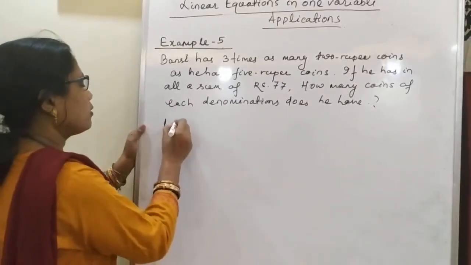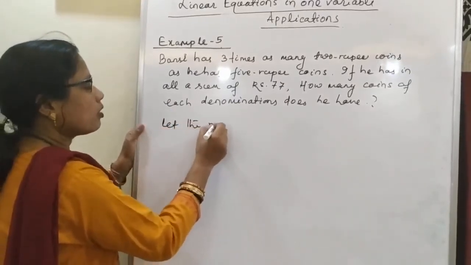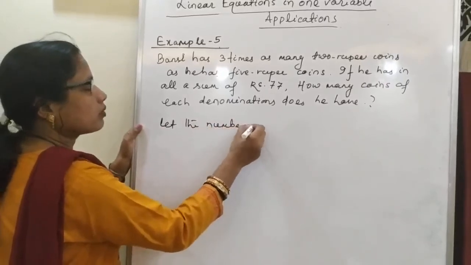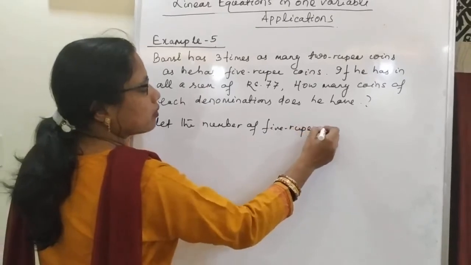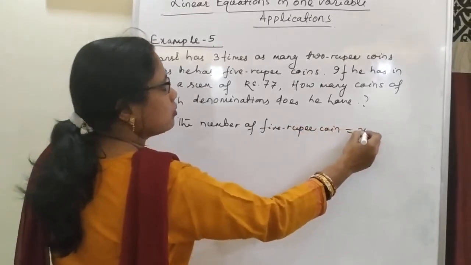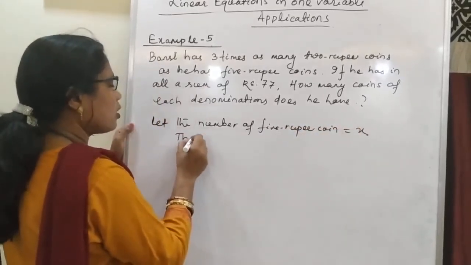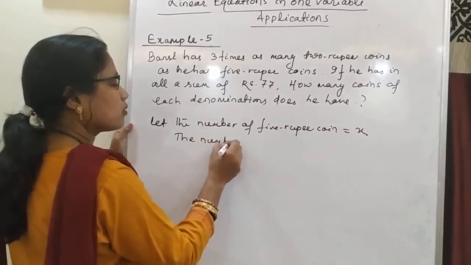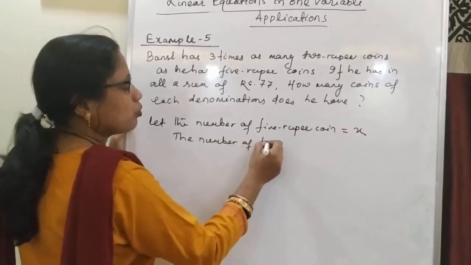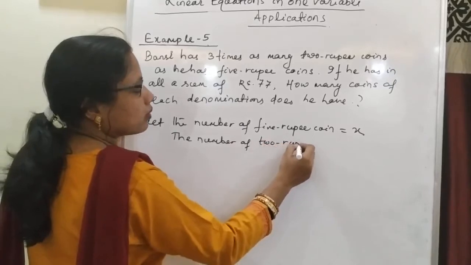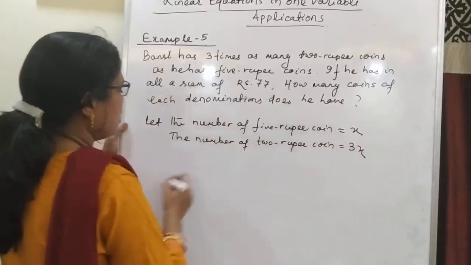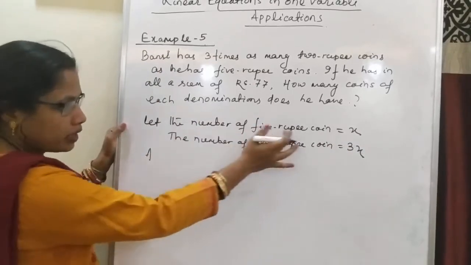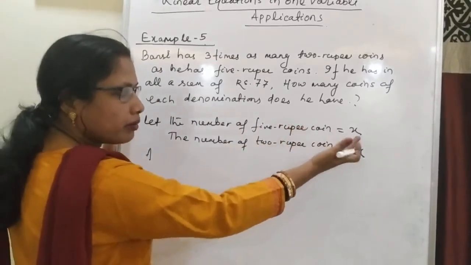So let the number of 5 rupee coins be x, and the number of 2 rupee coins be 3x.